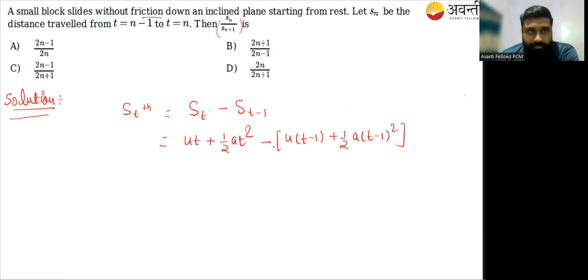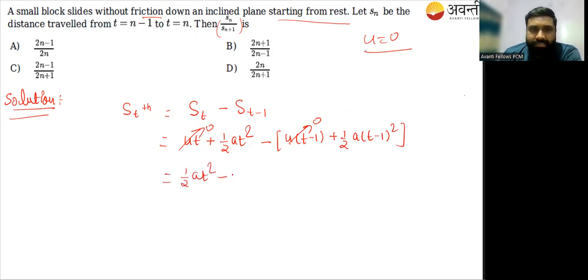Now, in this question, it is given that the motion is starting from rest, which means u, which is the initial velocity, will be 0. So ut and u into t minus 1, these terms will vanish. The only term remaining here is 1 by 2 a t square minus 1 by 2 times a into t minus 1 whole square. Now, if you open this square, what you will have is 1 by 2 into a, it will become t square minus 2t plus 1.